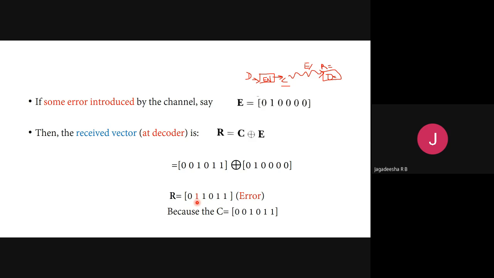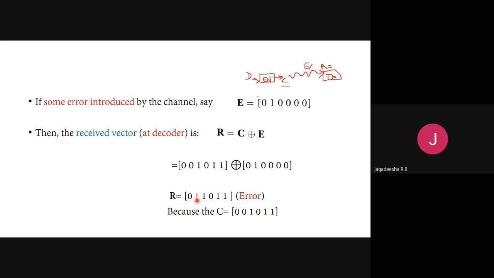So where is the error? When you compare these two, you will come to know the error is here. The second bit of the code word has got affected by the error. We intentionally added it in this case, but the channel may add this error anywhere.